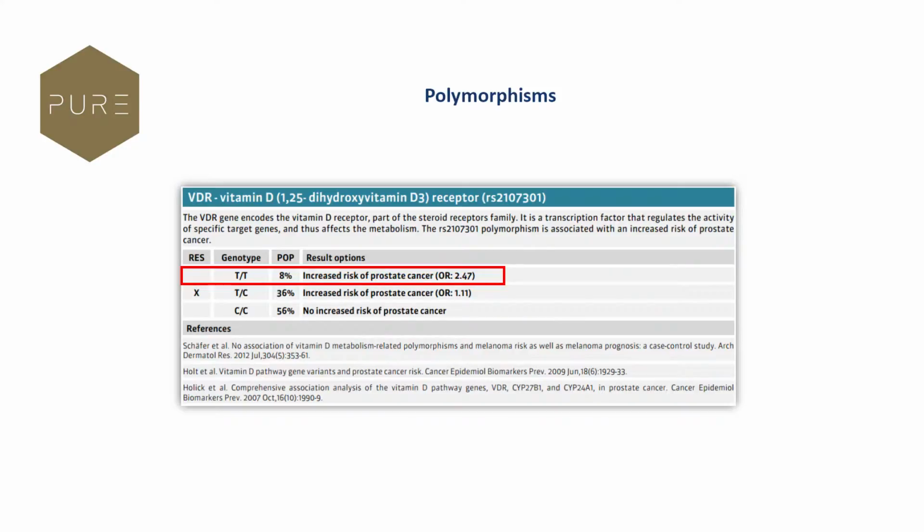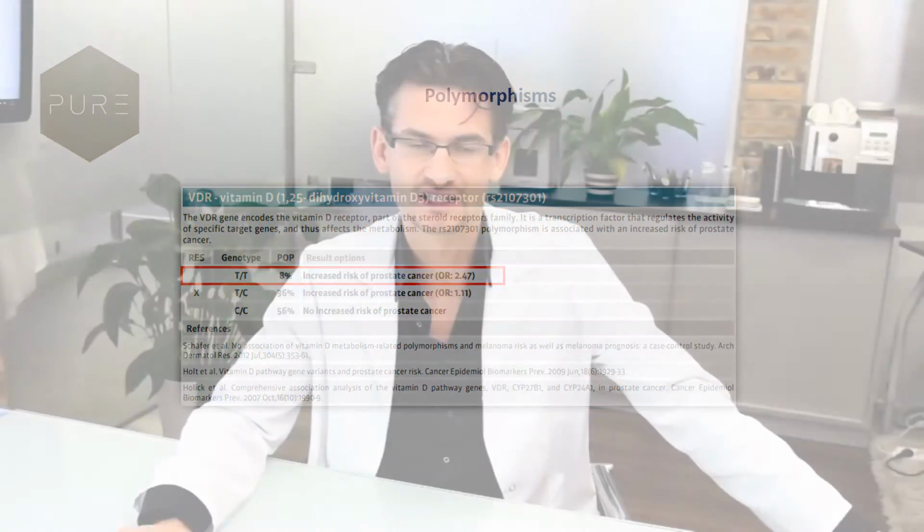And actually 8% have a very high risk, almost 2.5 times. So having a genetic variation in this receptor reduces the effect of vitamin D, and vitamin D deficiency is a critical risk factor for the development of cancer.